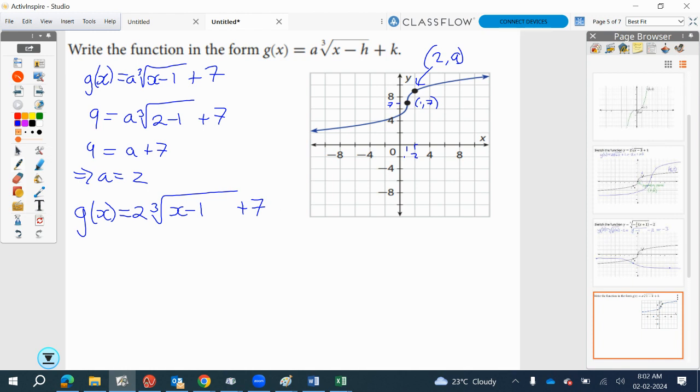Anas? So what happens with the cube root, 2 minus 1? 2 minus 1 is what? 1. What's the cube root of 1? 1. Oh, okay.